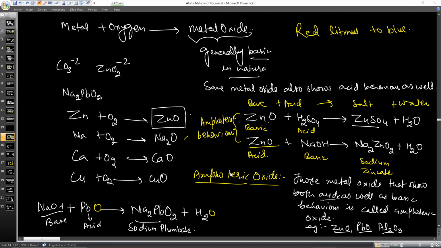Amphoteric oxide. And those metal oxides that show both acidic as well as basic behavior are called amphoteric oxides. Okay, sir.